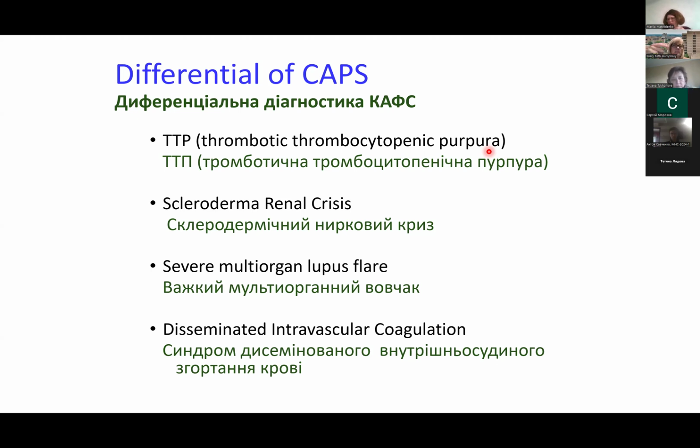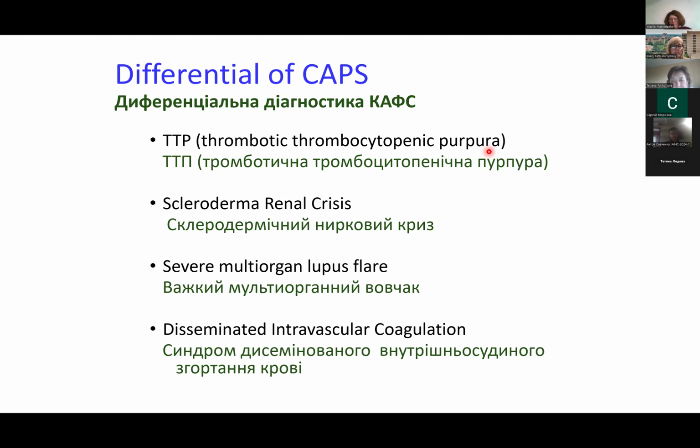Sclerodermal renal crisis can look like CAPS. But again, what would give that away is it's a patient with scleroderma. They have to have some findings of scleroderma to have sclerodermal renal crisis. Severe multi-organ lupus flare can look just like CAPS, and there we would be treating more for immunosuppression than anticoagulation.